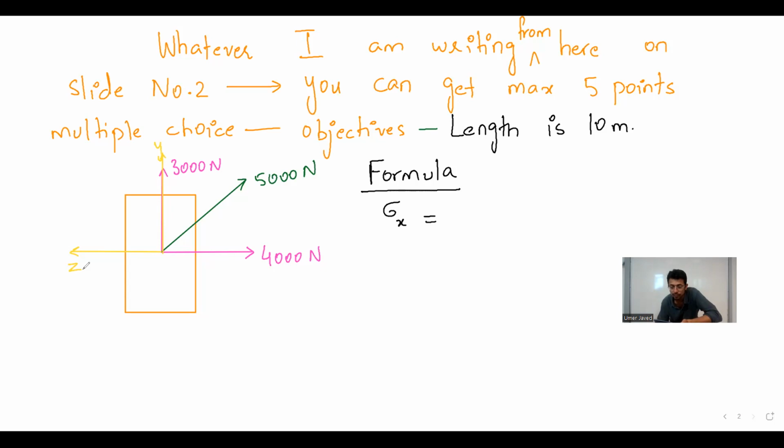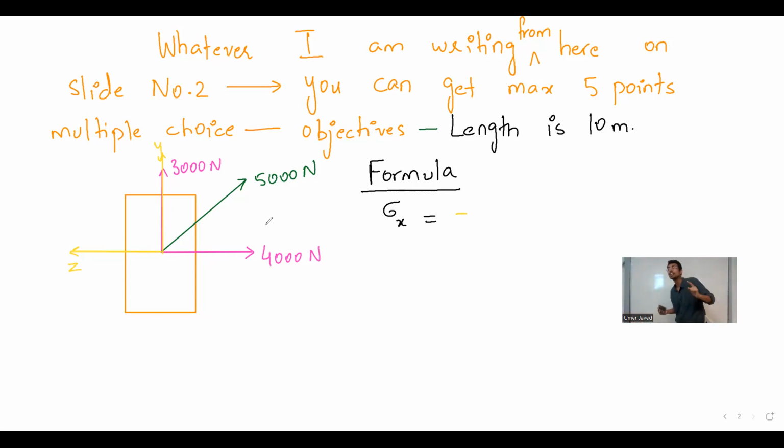So now the formula of X will be minus. Now, can anyone tell me around which axis the moment is acting? 4,000 Newton, the moment is acting about the Y axis. 3,000 Newton, the moment is acting about the Z axis. So actually 4,000 and 3,000, you have resolved it. 5,000 was given to me, right?